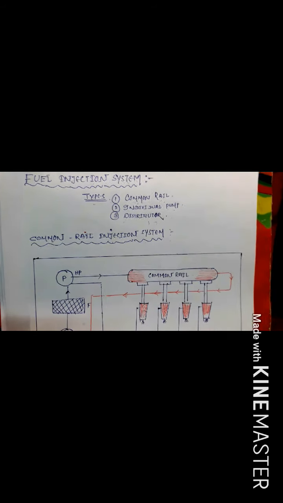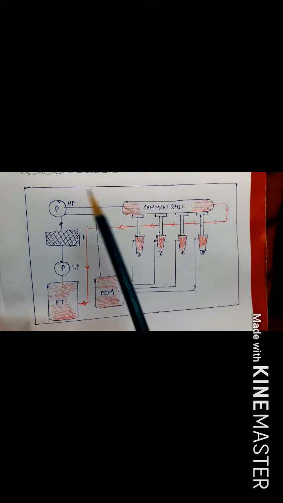injection system. Just see here, this is the basic layout of the common rail injection system. I am giving here the names of the components attached in a common rail diesel engine fuel injection system. First one is the fuel tank, then a pump is connected here. This one is known as the lower pump, LP. After that, a filter is connected here.